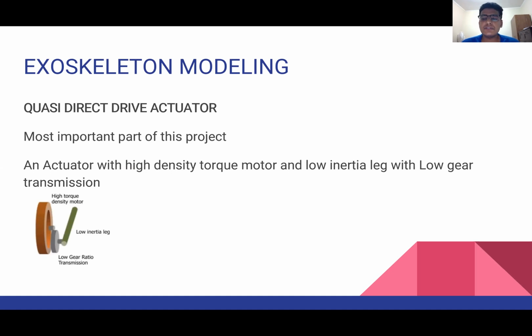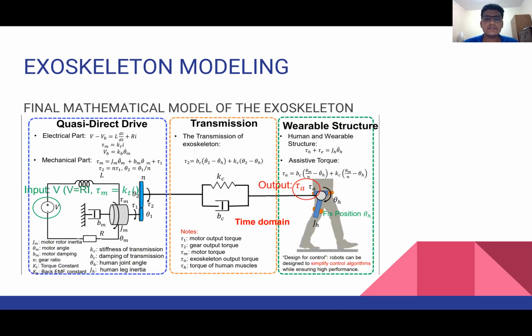So what is a quasi-direct driven actuator? It's the most important part of the project, and it's an actuator with a high density torque motor and a low inertia leg with low gear transmission. This is the modeling that we have for the exoskeleton.